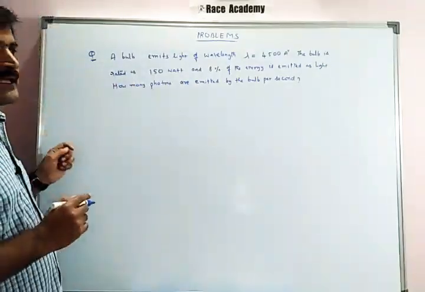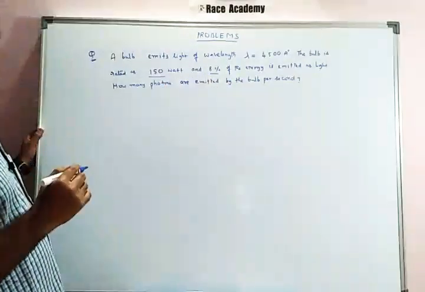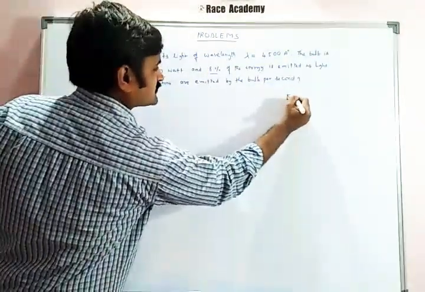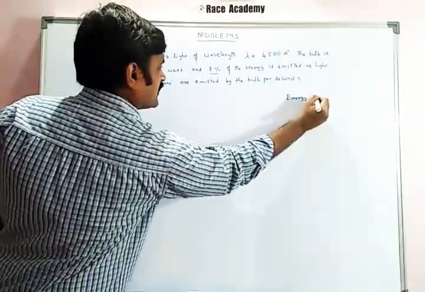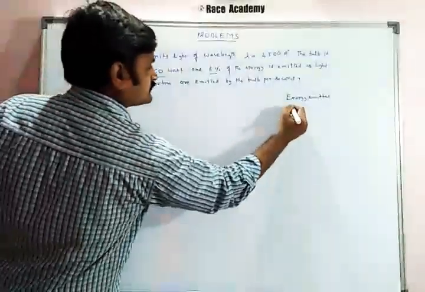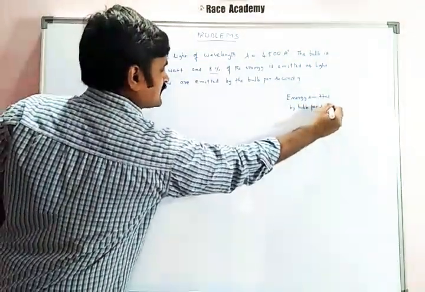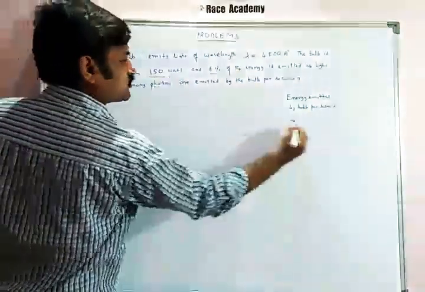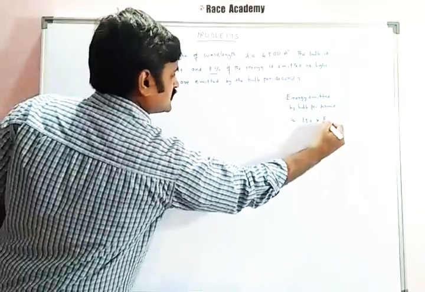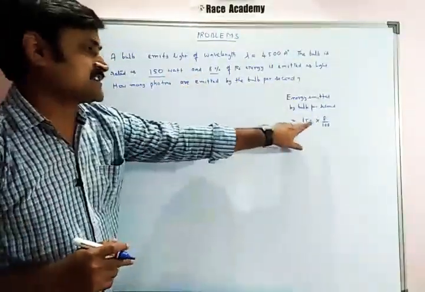Here one thing we have to remember: they have given 150 watt and 8%. The meaning of this is, the energy emitted by the bulb per second is indirectly given as 150 watts × 8/100.